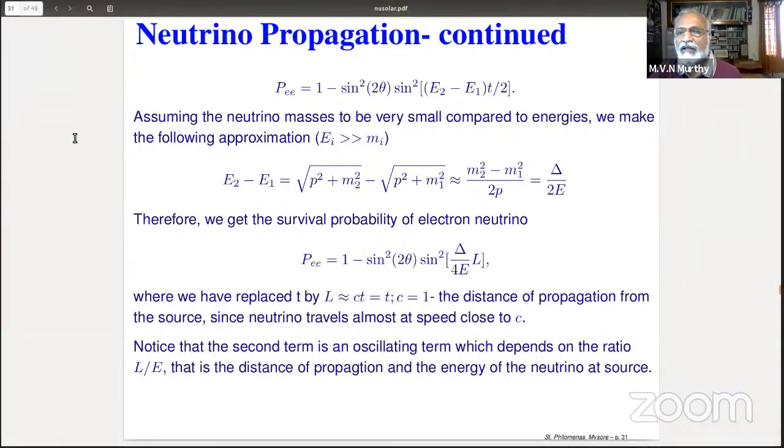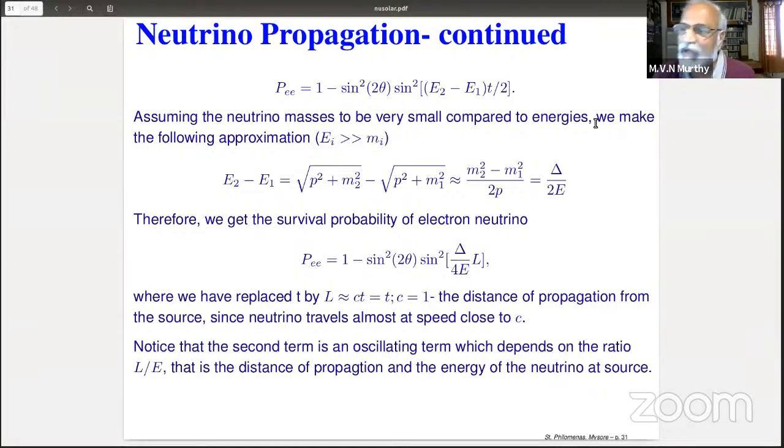We started assuming the neutrino masses to be very small compared to the energies. Now, the laboratory experiments, the limits on neutrino masses is of the order of an electron volt or even less. So that is the limit on the absolute masses of the neutrinos that we have. But what are the energies that we are looking at?